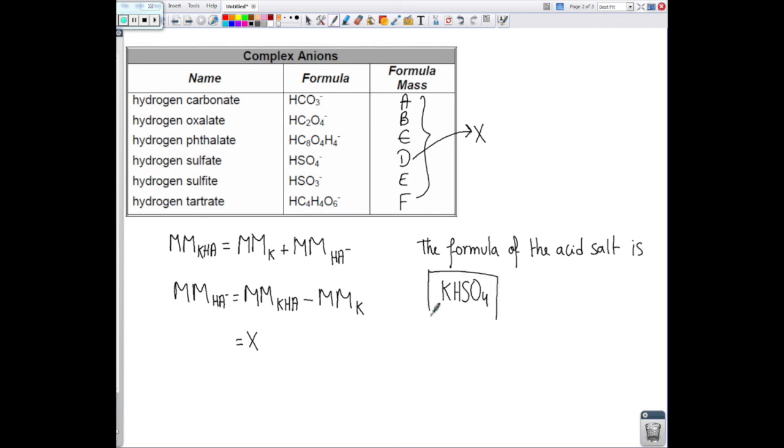So this is how you can determine the formula of an acid salt using titration.